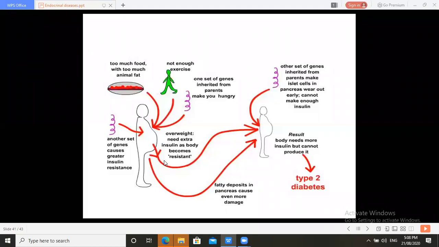But type 2 occurs at an older age, above 40 years, and frequently they are obese persons. Again, it depends upon the lifestyle and eating habits of that particular person. So this is all about type 1 and type 2 diabetes mellitus.